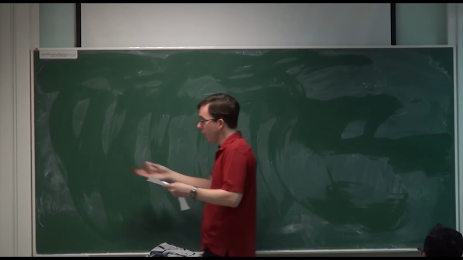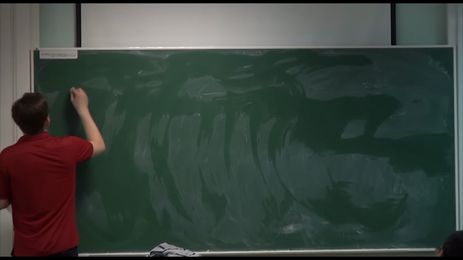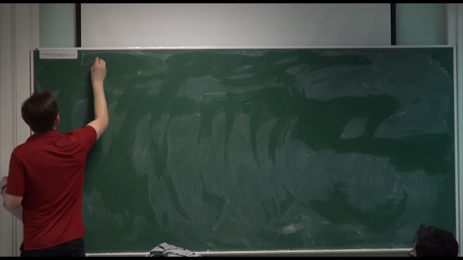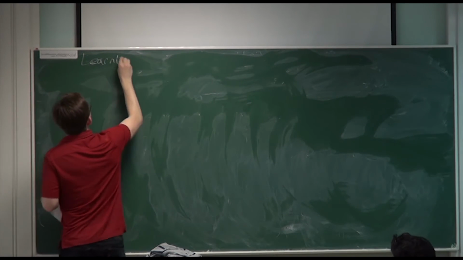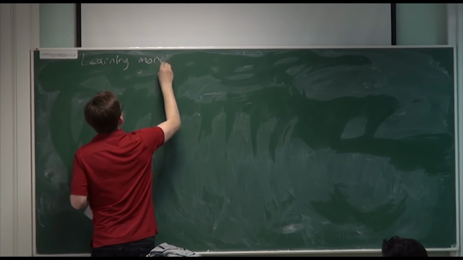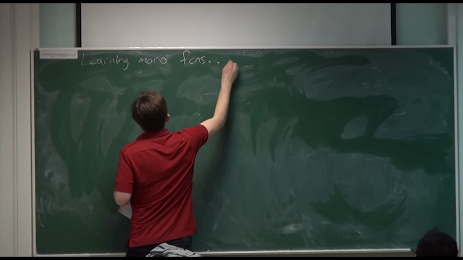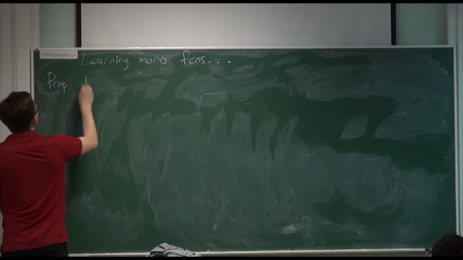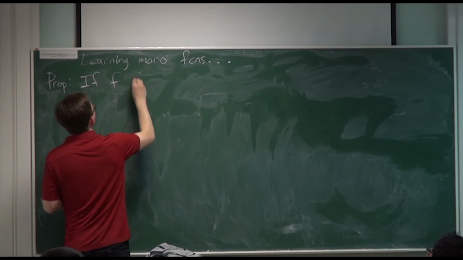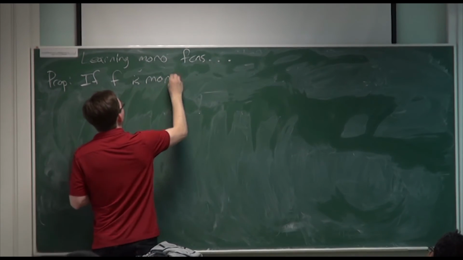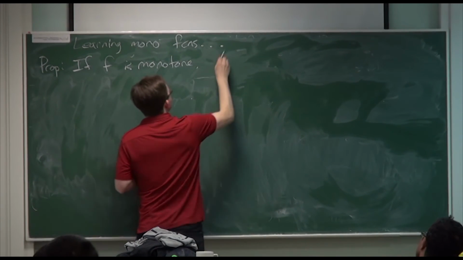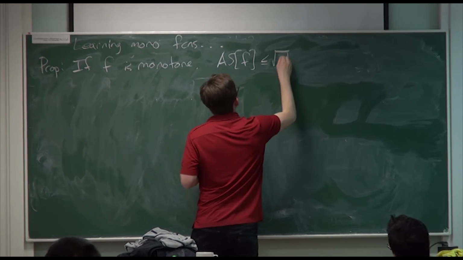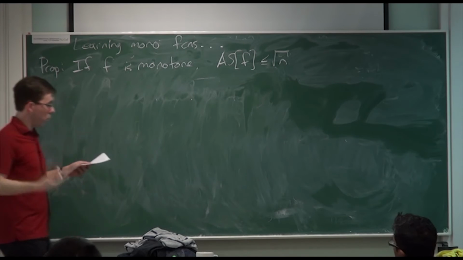And it's going to come directly from this simple fact: if f is monotone, then its average sensitivity is at most root n. That's 1 times root n.